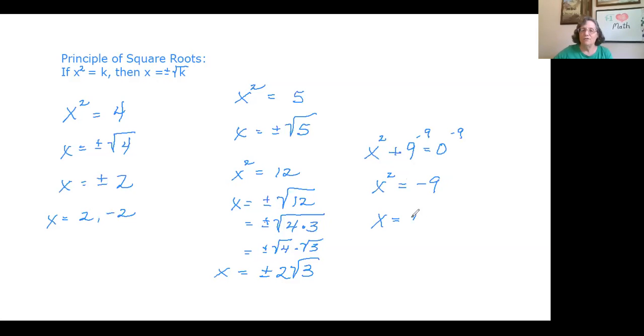So x is equal to plus or minus the square root of -9, which is going to be plus or minus, the negative means we're going to have an i, the square root of 9 is 3, so it's plus or minus 3i. This you want to use only if there is no middle term.